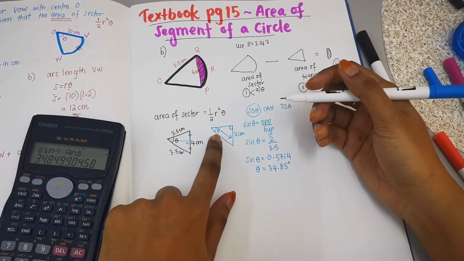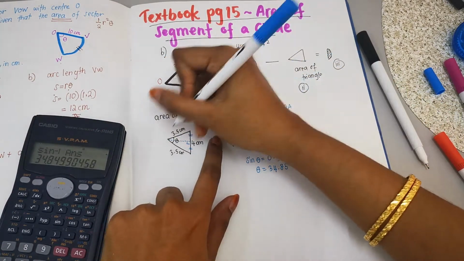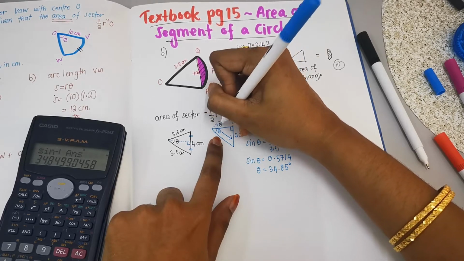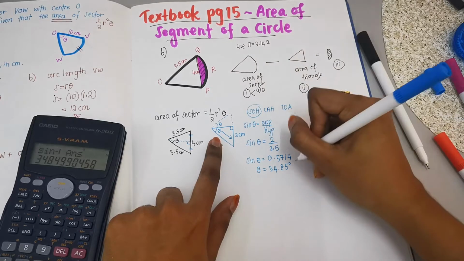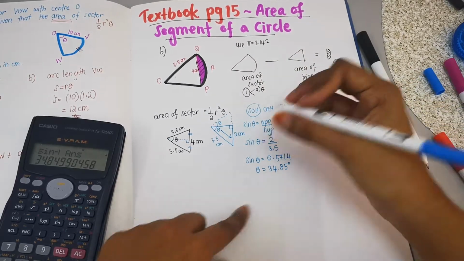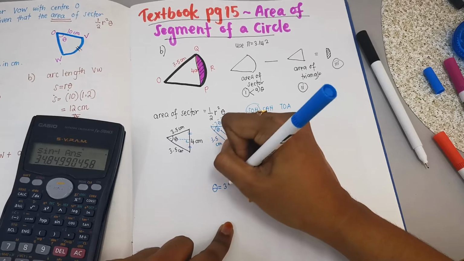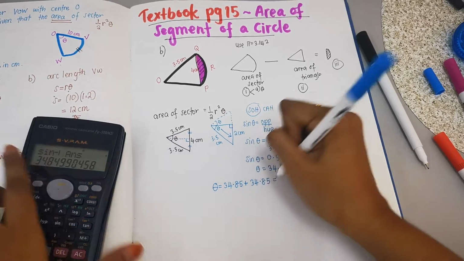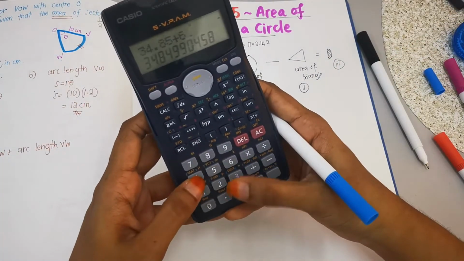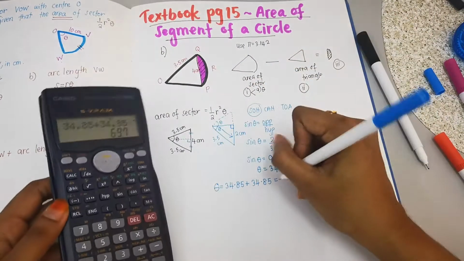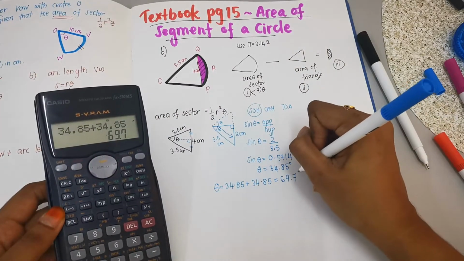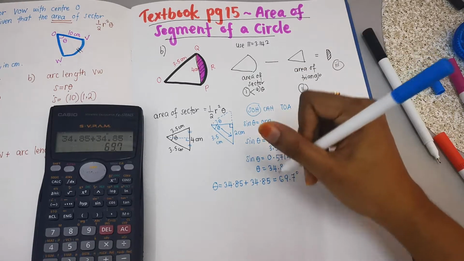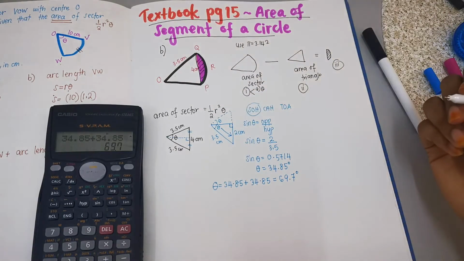This part is 34.85, so to find the other side also, we times by 2, because we need both sides. 34.85 plus 34.85 gives 69.7 degrees. So theta is 69.7 degrees. Let's put that aside first. We already found theta.